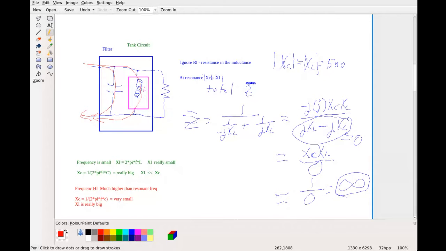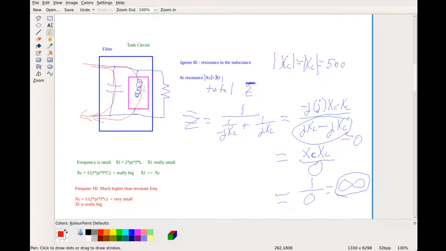So the signal is going to drop down through one of these two, depending on if it's a high frequency or a low frequency, and not make it past the filter to the load, to our speaker or whatever. So we're basically shorting out those frequencies we don't want.